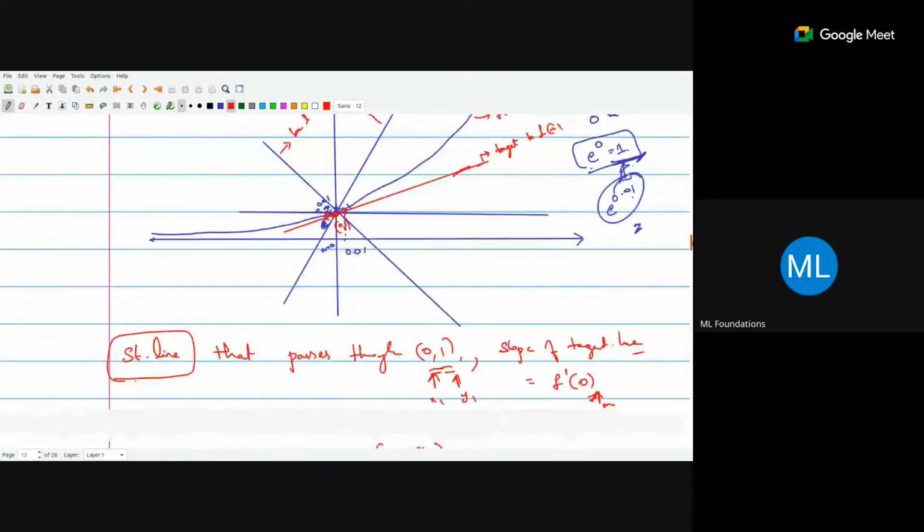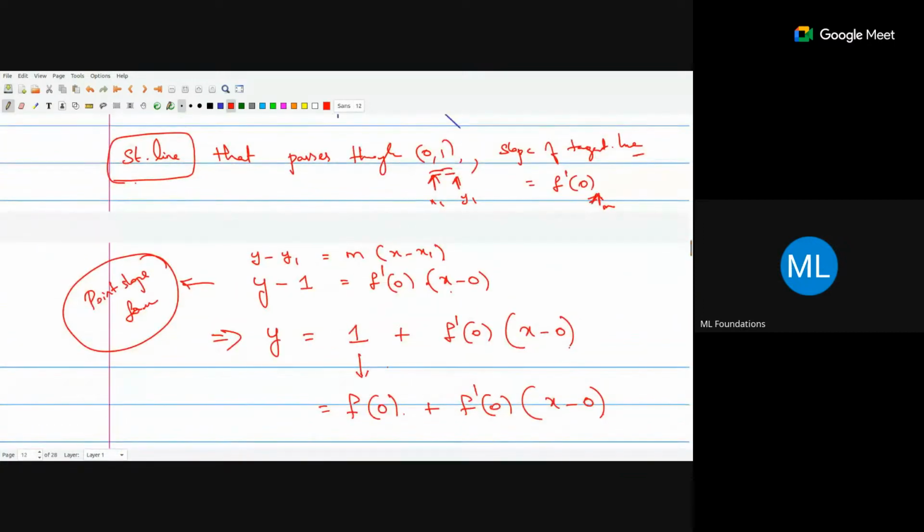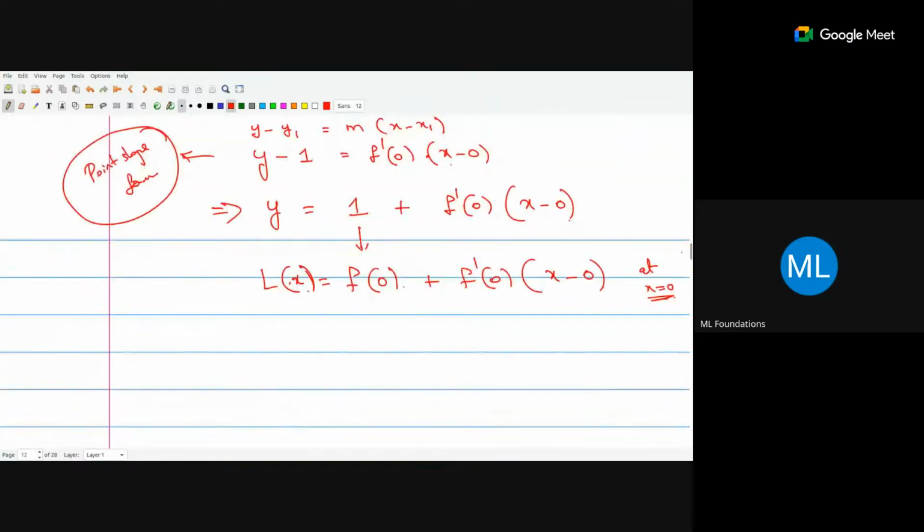So here I am finding the linear approximation at x is equal to 0. So this is a linear approximation, L of x, at x is equal to 0.